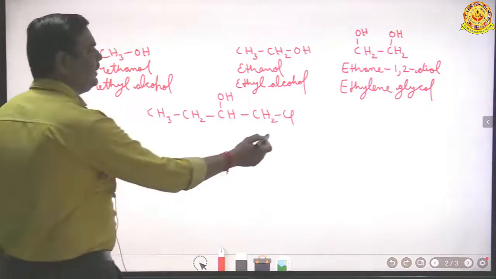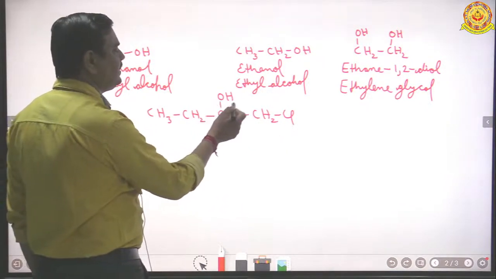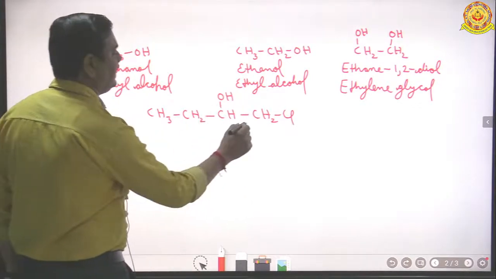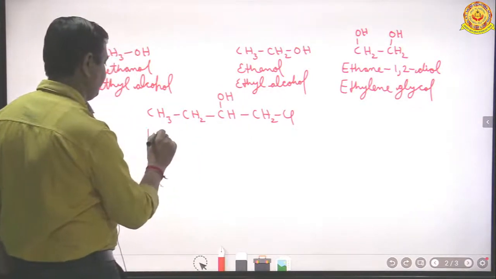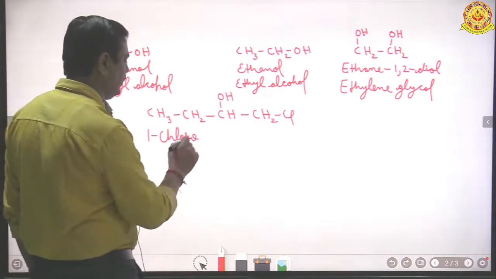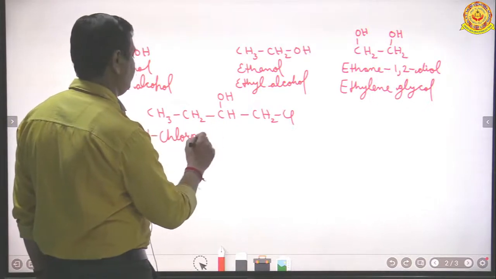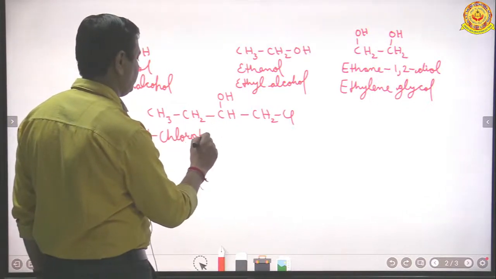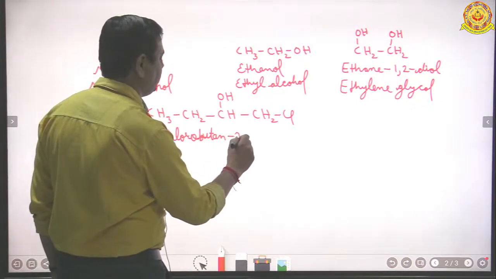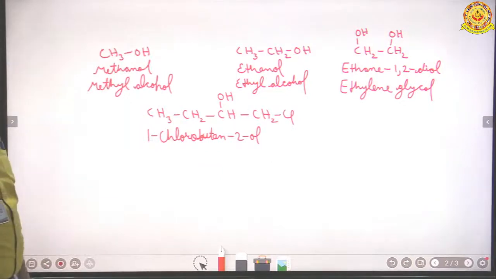So chlorine will go in prefix, and the compound will be named according to the hydroxyl group. It will be named as 1-chlorobutan-2-ol.